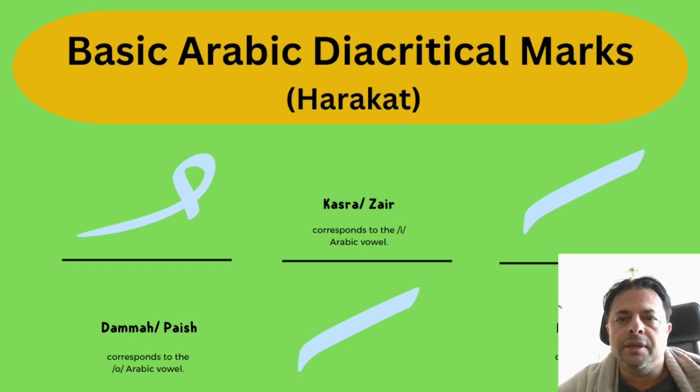Today we are going to discuss the diacritics in the Arabic language. Diacritics are known as Tashkeel. These are the symbols used to indicate short vowels and consonant doubling, and these are not typically represented by any standard Arabic alphabet.